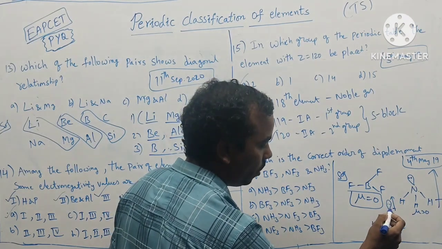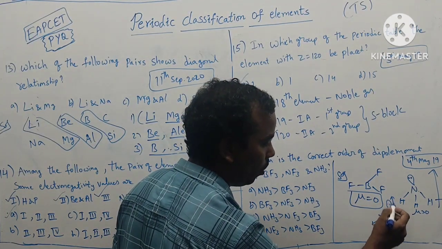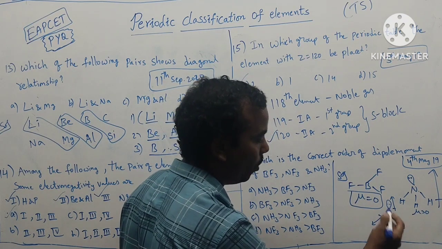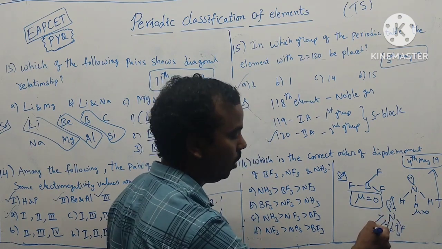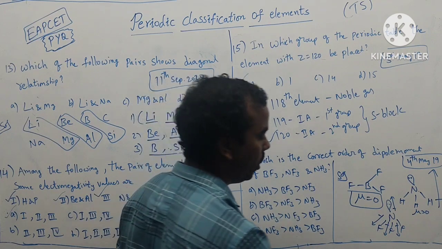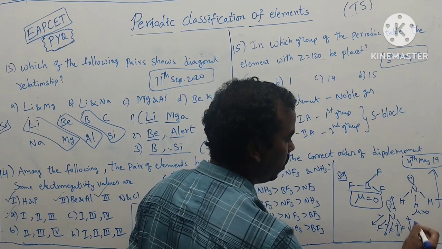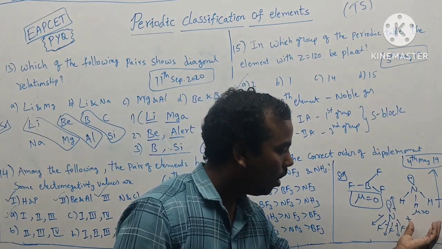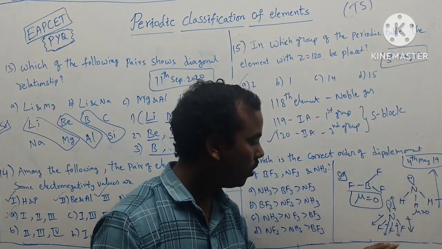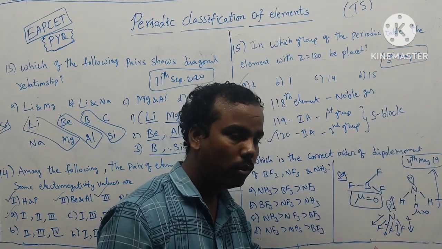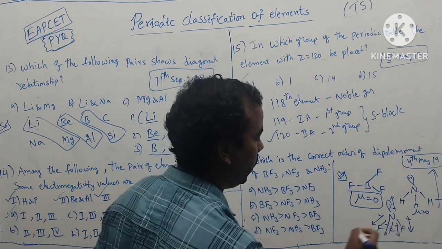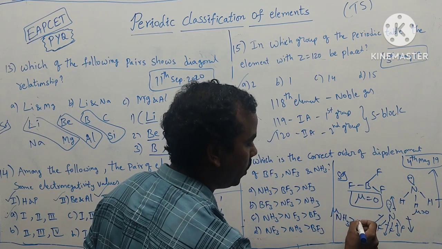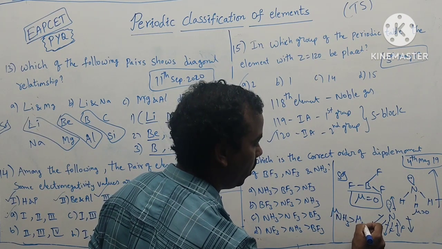So the dipole moment due to the lone pair is cancelled by one of the NF bonds. The remaining two NF bonds are in the downward direction. So the net dipole moment is downward, but compared to ammonia, where all moments are in the upward direction, here only two NF bonds are downward. So the dipole moment of NH3 is greater than the dipole moment of NF3.